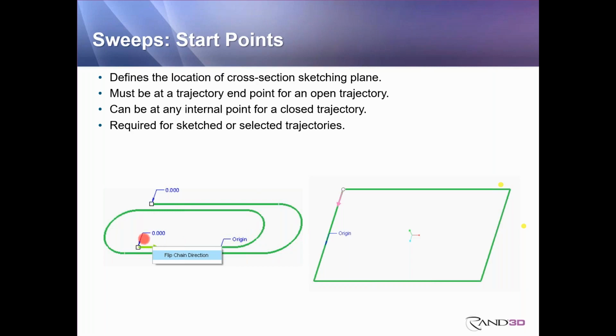If it's at the wrong end and you want it at the other end, just pick on the arrow, and it will jump to the other end. But if you've got a closed trajectory, like you see over here on the right, the start point can be any corner. If you wanted to change the corner, you could just drag this circle and it would move to the new corner. But an open trajectory has to be at one of the ends. If it's closed, it can be anywhere along there.